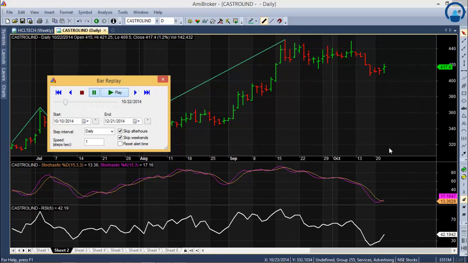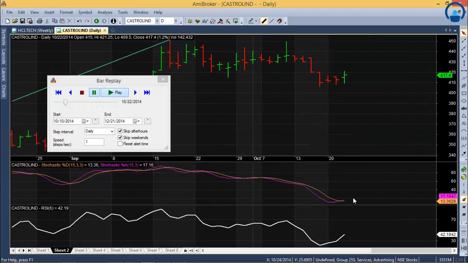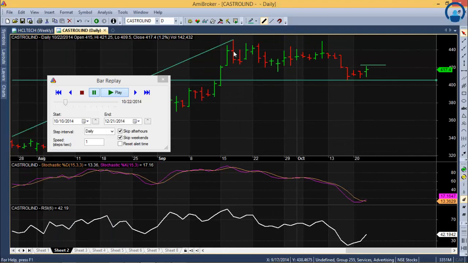As of this current bar, stochastic has given a bullish crossover. As you can see, the pink line, percentage K, has crossed above the beige line, percentage D. So we will buy above this price. Keep a stop at this recent swing low, and we expect prices to take out this high and make a new high.